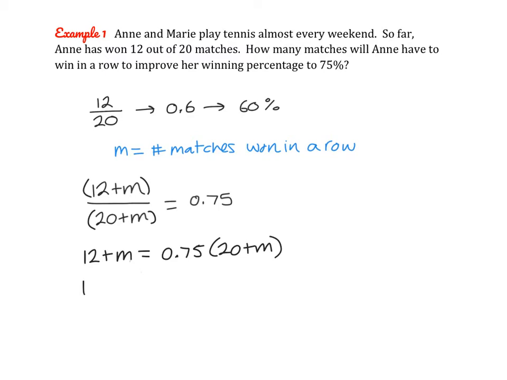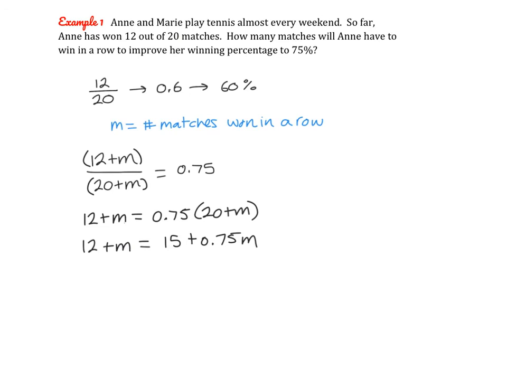So we can distribute on the right. 0.75 times 20 is 15. And then we have plus 0.75 M. And then here I will subtract 0.75 M from each side, giving me 0.25 M, because it's 1 minus 0.75.